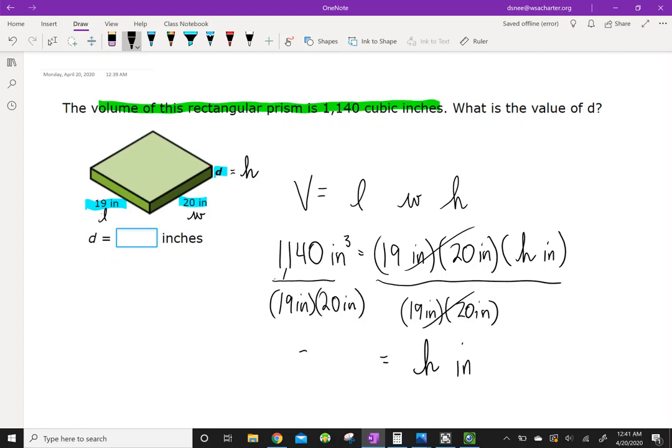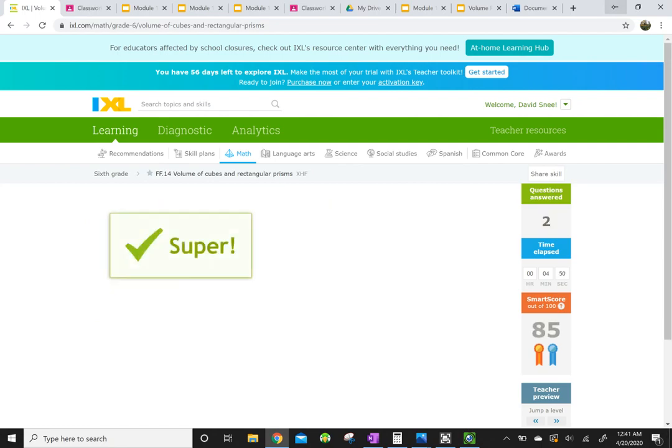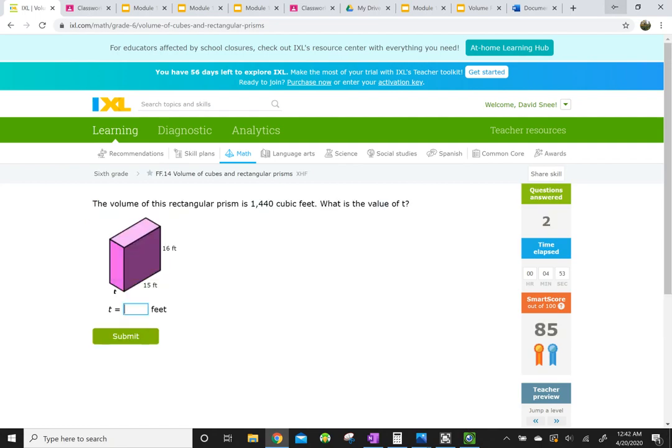We are left with 3 inches. Okay, and that's our solution. Let's try it out. 3 inches. And that's it.